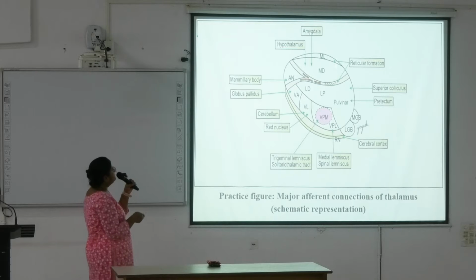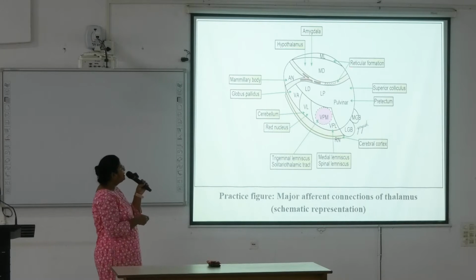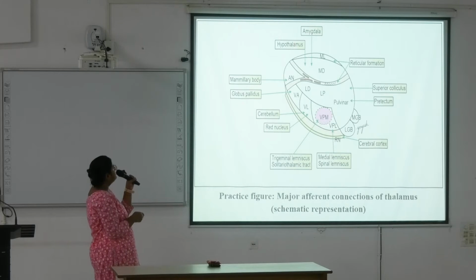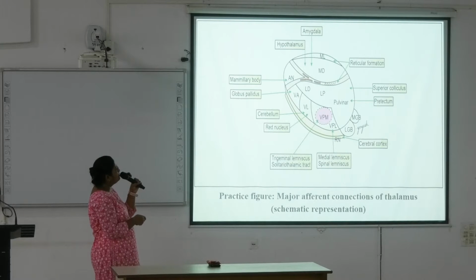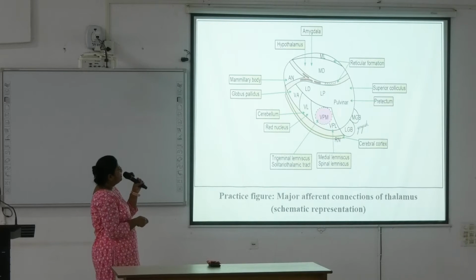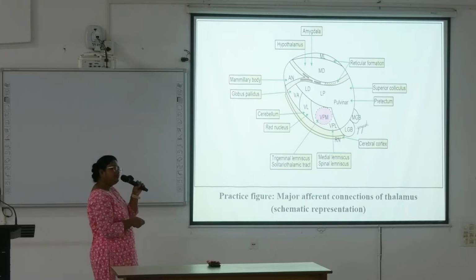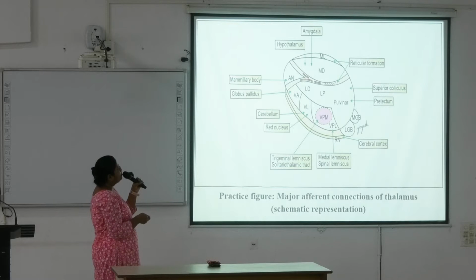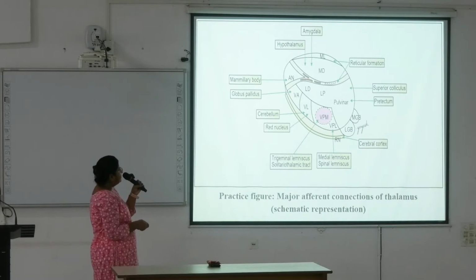So these are the afferent connections. Medial dorsal is receiving afferent connection from amygdala, hypothalamus, from reticular formation. Here this pulvinar area, it is getting impulses from superior colliculus and pretectum. Here cerebral cortex, medial lemniscus, spinal lemniscus is going to ventral posterolateral nuclei.